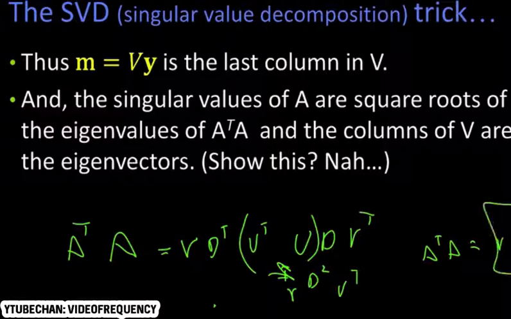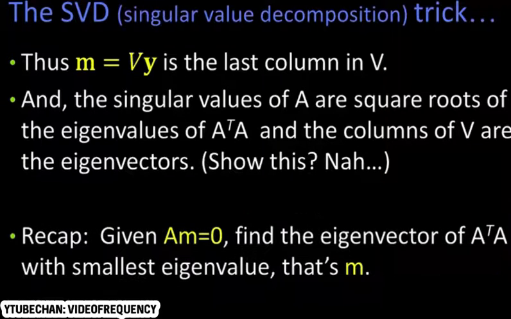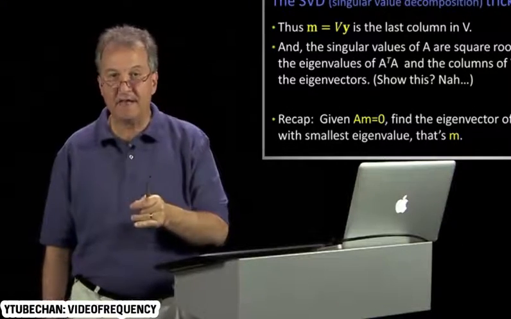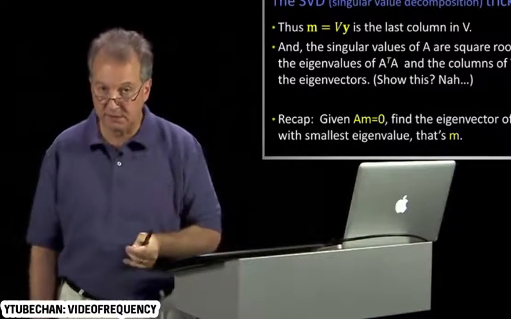And that is the equation of the eigendecomposition where V is the eigenvectors of A transpose A. And by pulling out the very last one, I'm pulling out the eigenvector with the smallest eigenvalue of A transpose A. Just to recap, given that what we have is AM equals 0 for some long A, what we do is we find the eigenvector of A transpose A with the smallest eigenvalue, and that's our M. That is the set of values that create the calibration matrix for us.